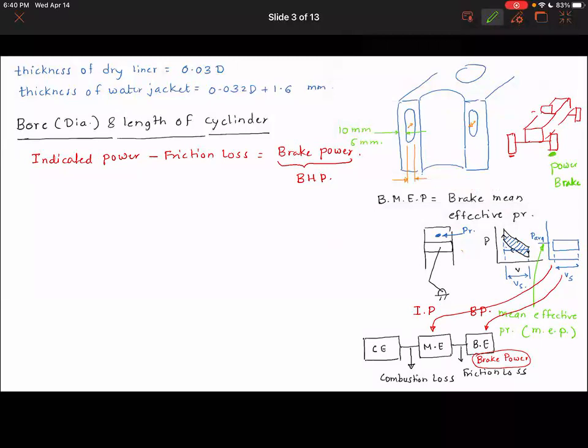But here is something that I want you to understand. Brake power is going to be less than the indicated power. Indicated power is actually the power that is generated after chemical to mechanical energy conversion. So here there is this chemical energy, and here there is this mechanical energy.